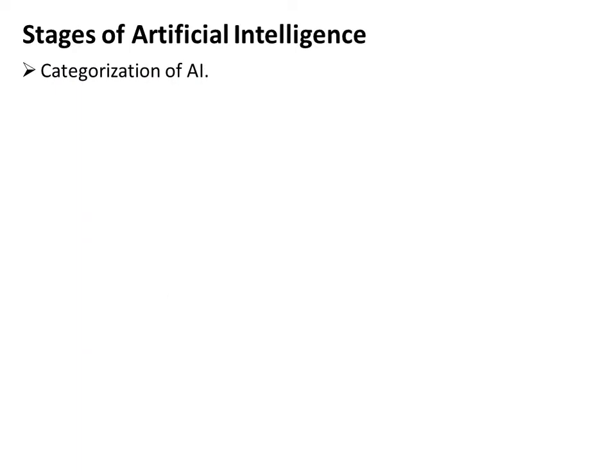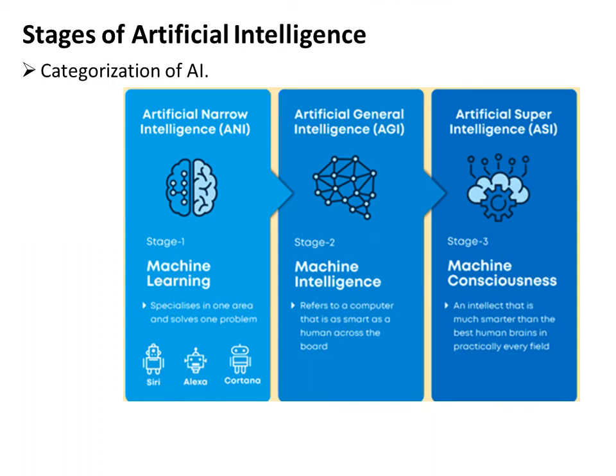Here comes the categorization of artificial intelligence that is observed by the most tech-oriented crowd. I have read many articles that state narrow AI, general AI, and super AI as different types of artificial intelligence. To be more precise, actually there are three stages of artificial intelligence through which AI can evolve.